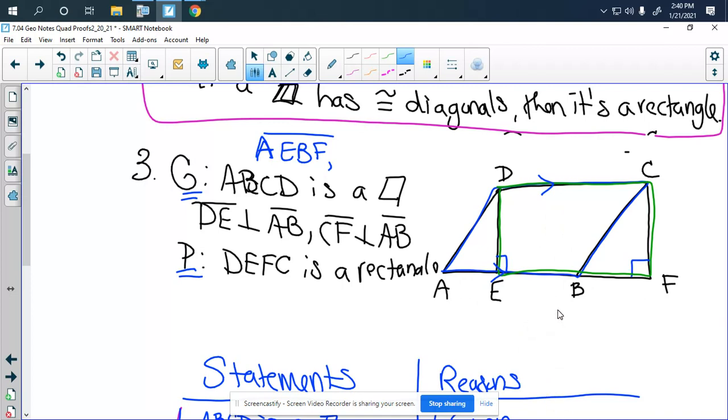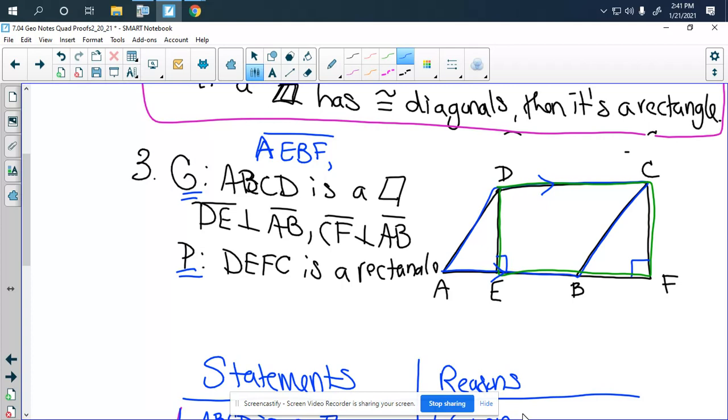So now we have a set of parallel lines, part of our green quadrilateral so far.